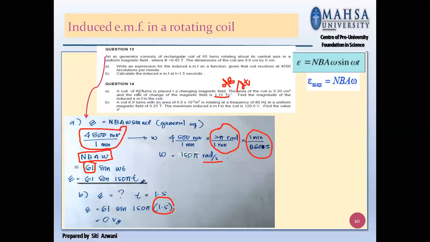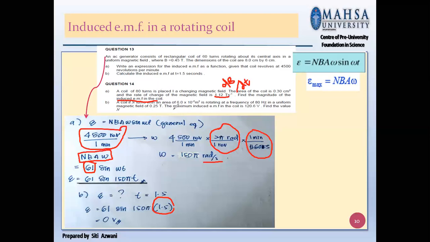Again, to calculate the induced EMF, you need to apply Faraday's law, E equal to the rate of change of the magnetic flux. Solve for this question. Question 14b, this is under the induced EMF in the rotating coil.